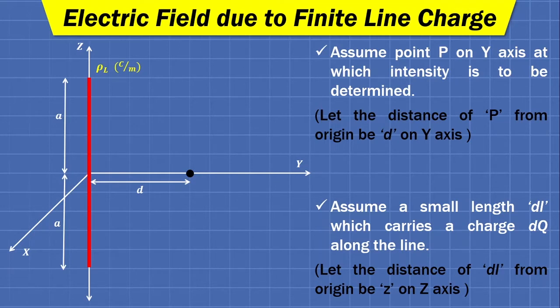We know that if we want to determine an electric field intensity at any point due to a line charge, then first we need to determine the intensity due to a differential length on the line charge, and then we need to take the line integral of that particular intensity throughout the length of the line. So first we are going to determine the intensity due to this dl.